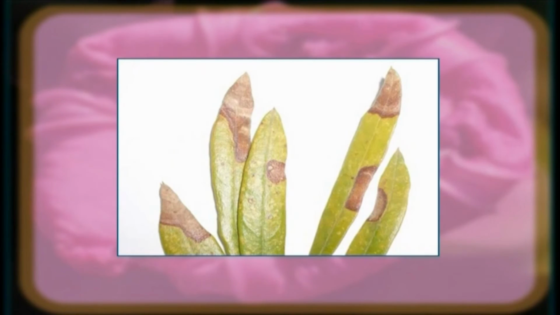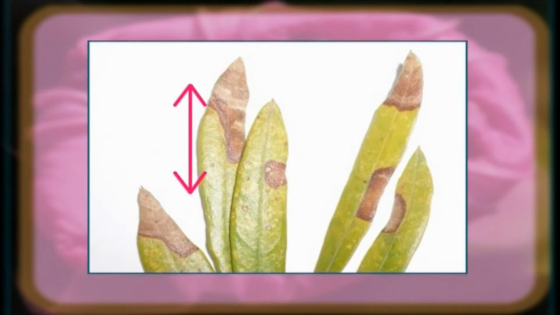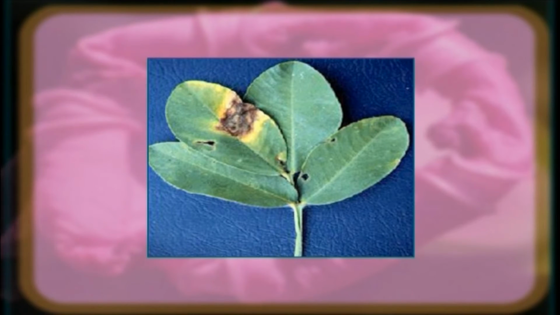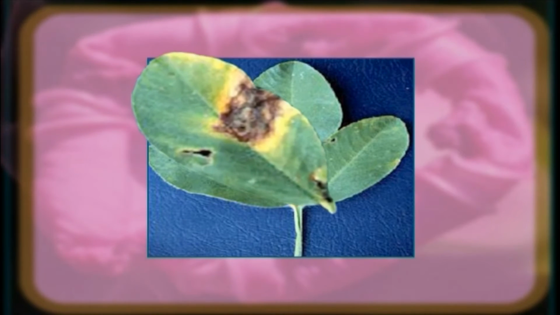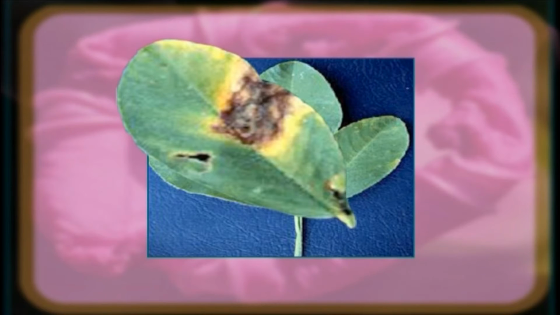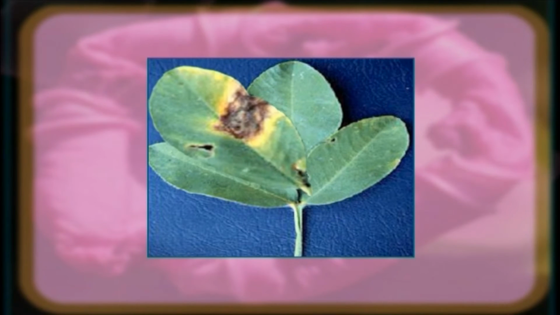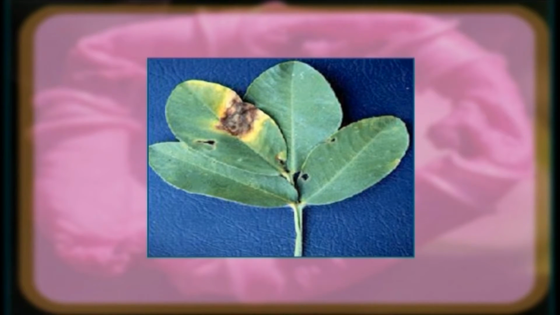Even within a leaf, the cells may senesce at different times and rates. Some leaves senesce from the apex towards the base, while senescence in others starts over the main veins, showing vein yellowing and then continues in the intervenal regions.